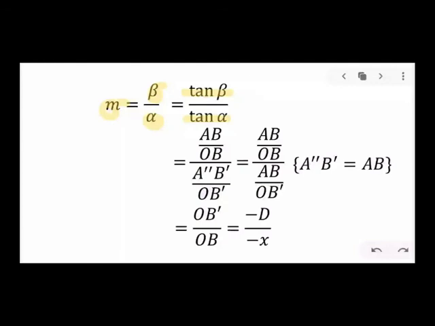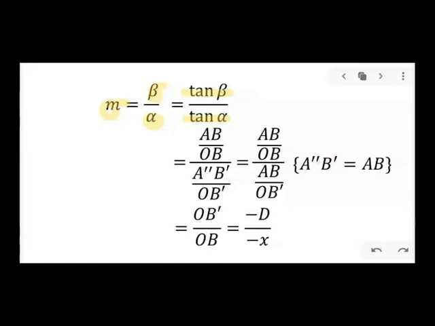Now simplifying, we will cancel the common terms AB and AB. OB dash goes to the numerator, OB to the denominator. Then we have OB dash divided by OB.